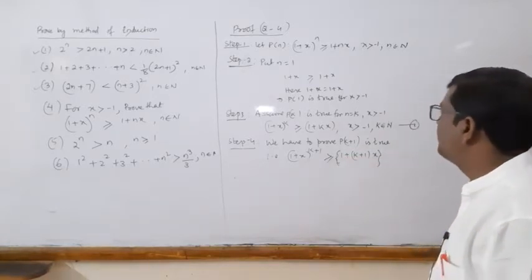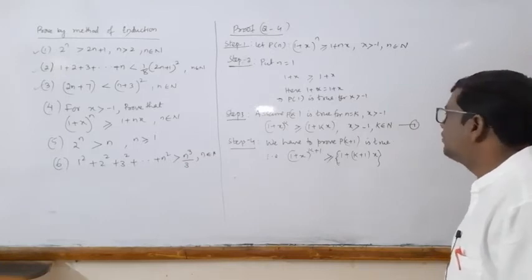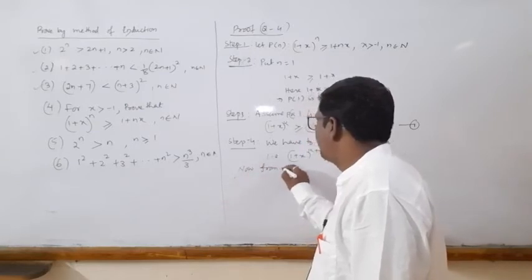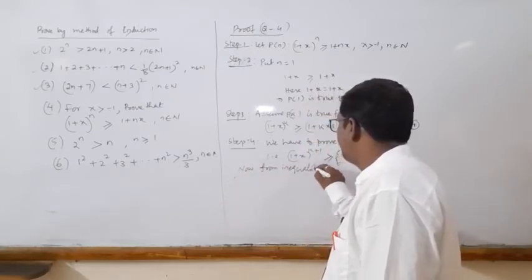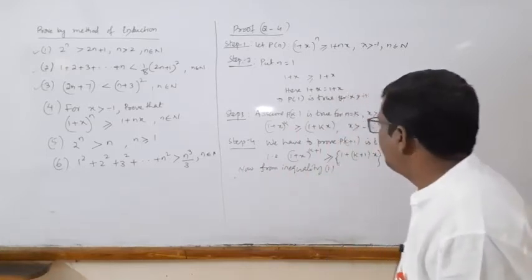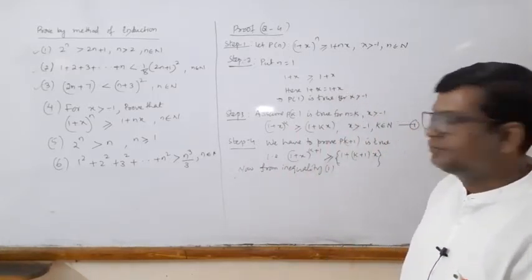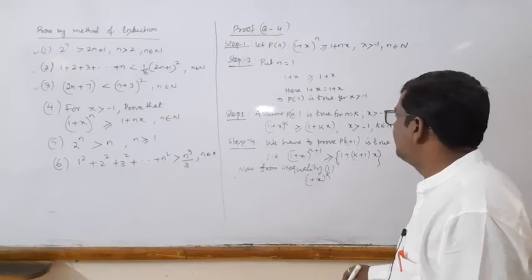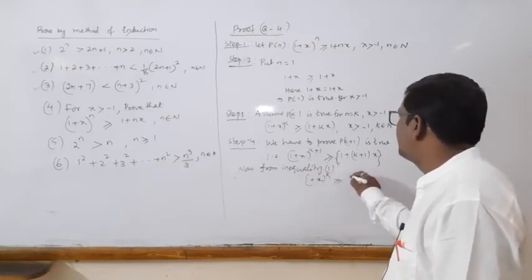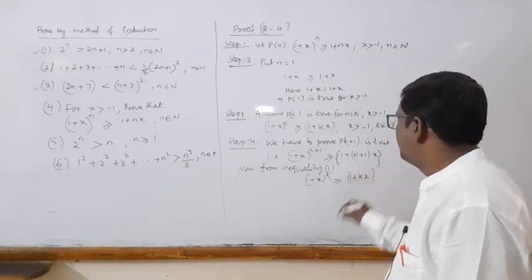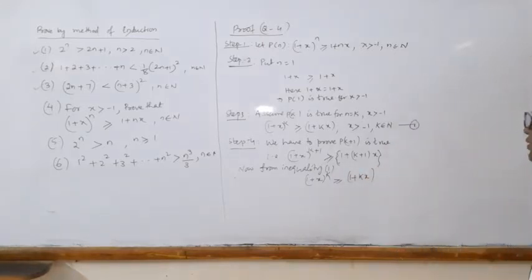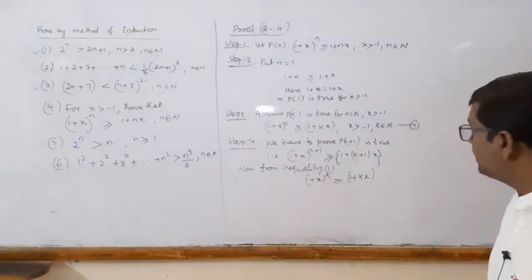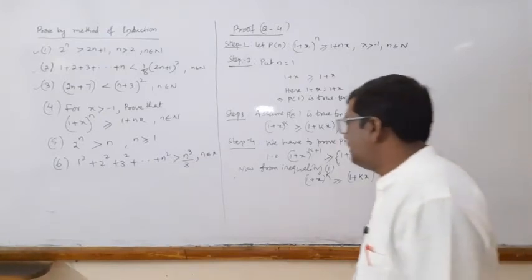Now from inequality 1, that is (1 plus x) to the power k is greater than or equal to 1 plus kx. Now it is required to multiply both sides by 1 plus x.